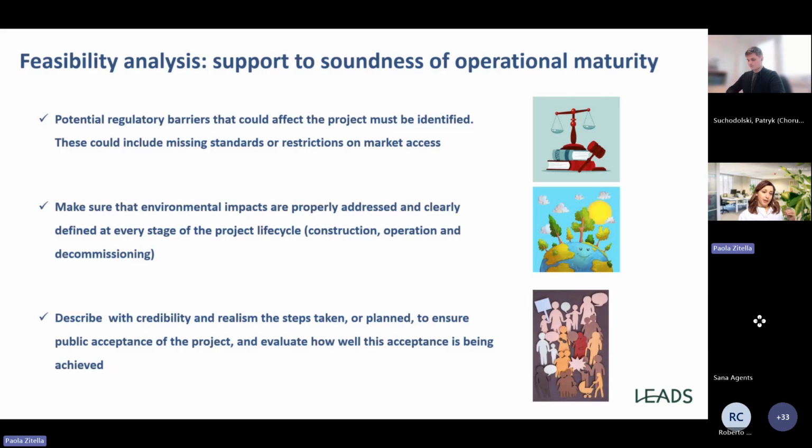You need to describe with credibility and realism the steps you are going to take. You also need to put your attention on the public acceptance of the project and evaluate how well this acceptance will be achieved, with a plan for all the activities to involve the public.